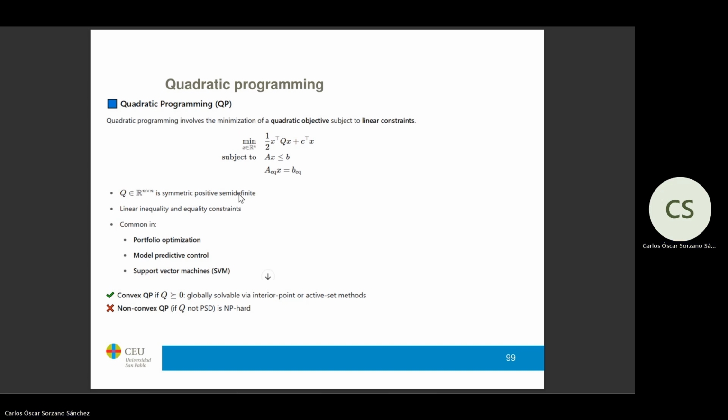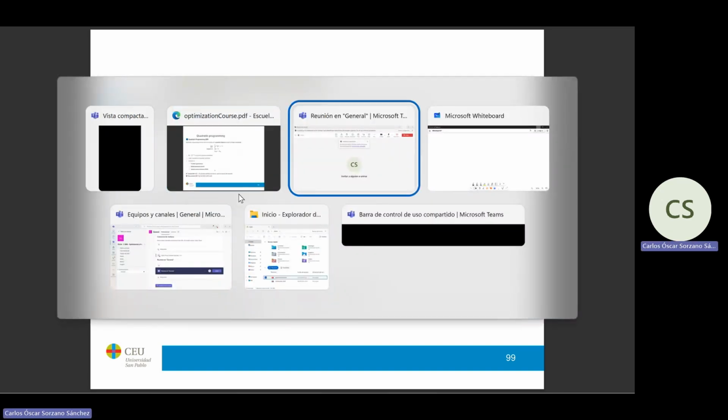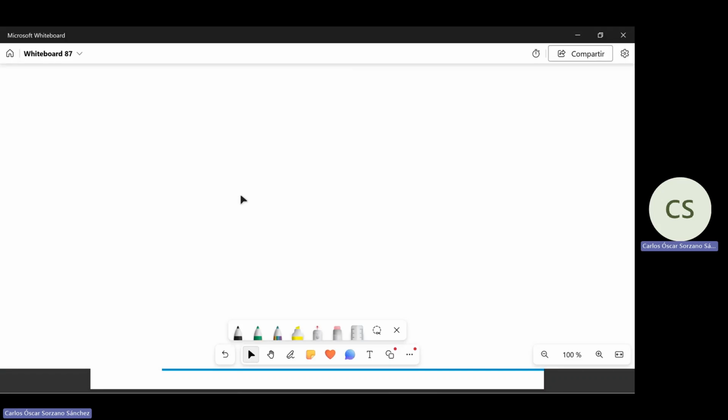semi-definite. Positive semi-definite means that if you have the matrix and you compute all the eigenvalues of this matrix, these are always larger or equal to 0. So this is positive.